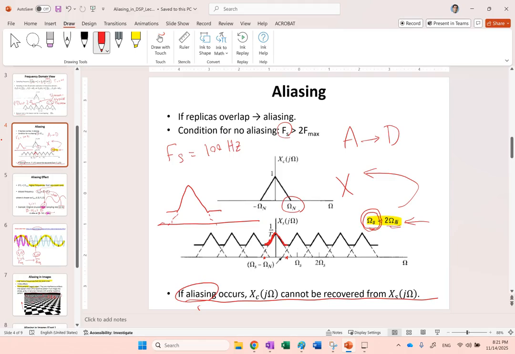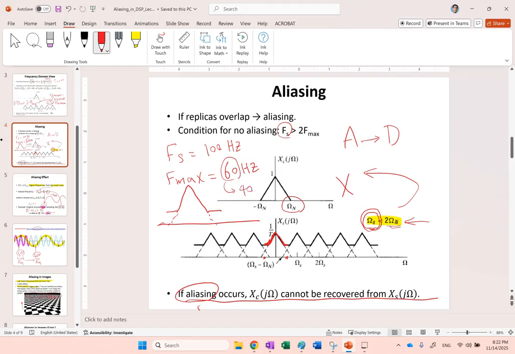But my original signal's F max is, let's say, 60 hertz. Because it's 60, I need at least 2 times that, which is 120, but my hardware can only give me 100. If I use it, I'm going to get aliasing, and the 60 hertz will look like 100 minus 60, which is a 40 hertz. And I don't want that.